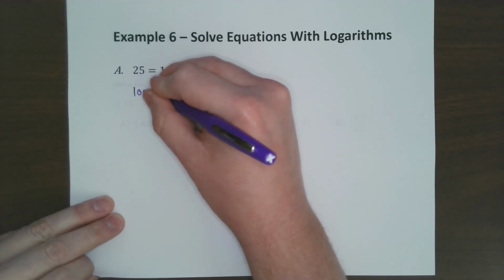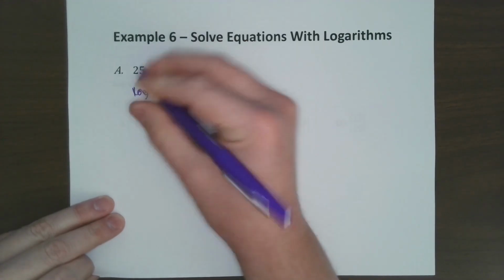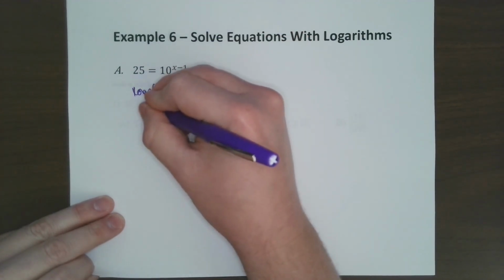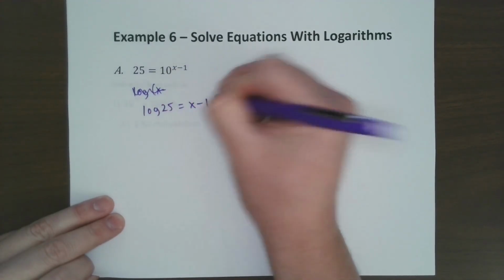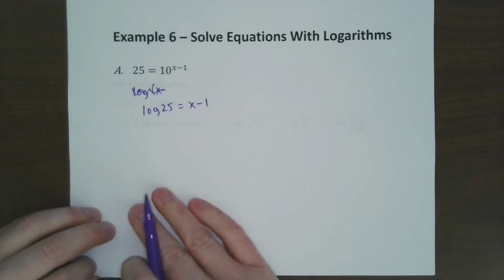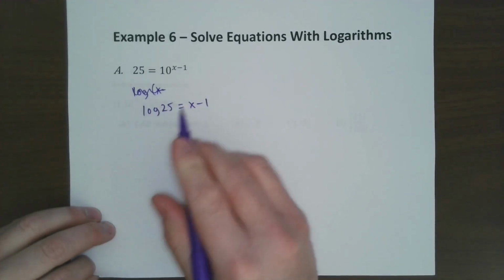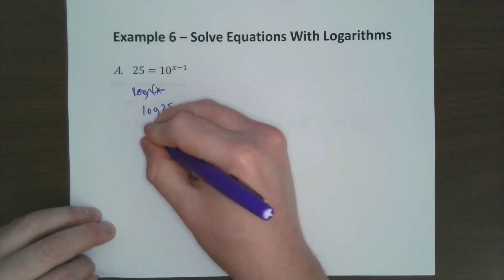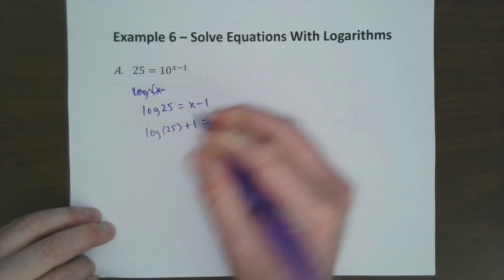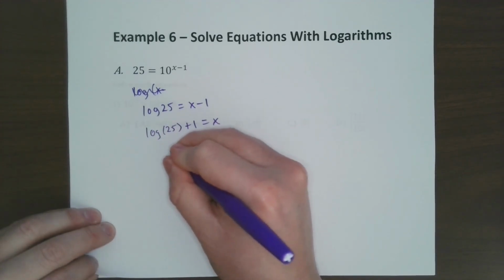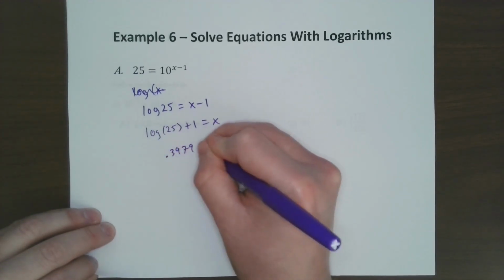So you do log of 25 equals x minus 1. In other words, I just rewrote it real quick, or I logged both sides. And so now we add 1, and plug that in the calculator, and you get 0.3979.